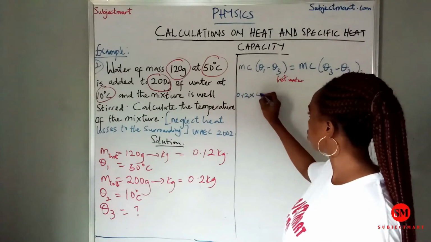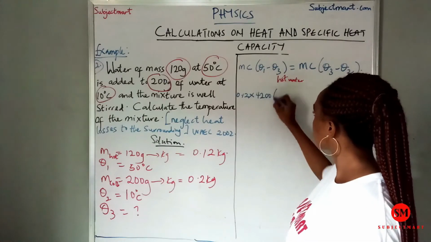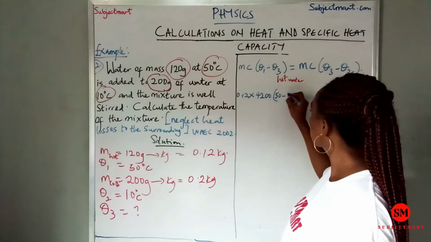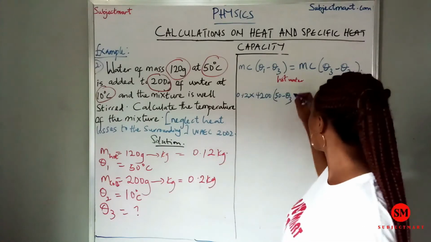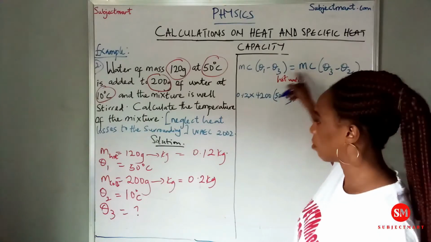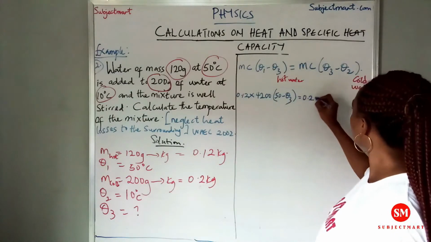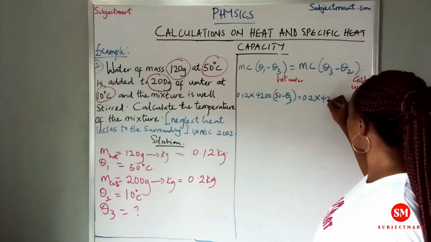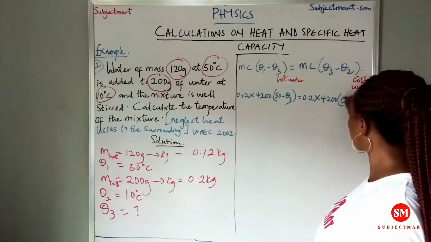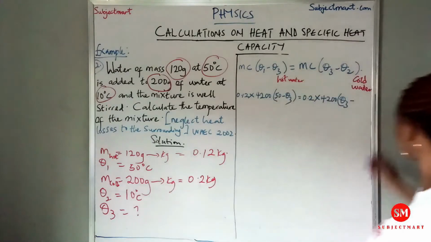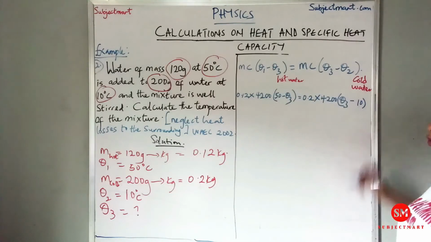So 0.12 times, I'm going to use 4,200, times theta 1 here, which is 50, minus theta 3, which we don't know. So my M for the cold water is 0.2 times 4,200, times theta 3, which we don't know, minus theta 2, which is the temperature of the cold object.